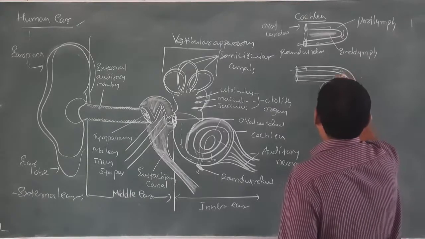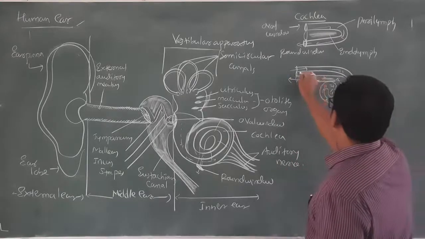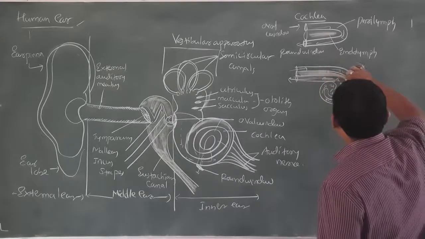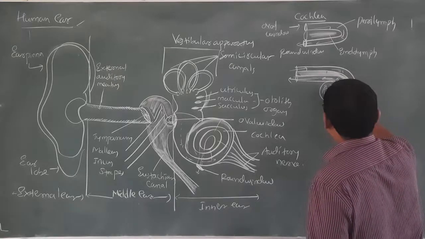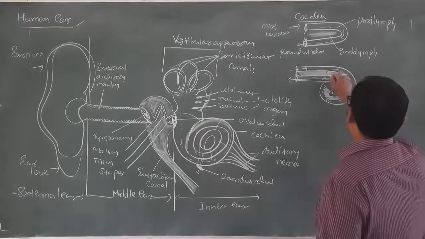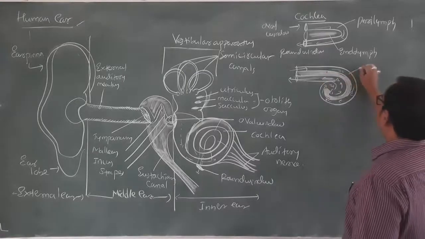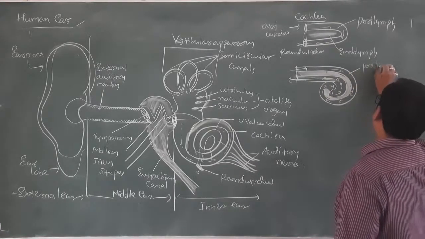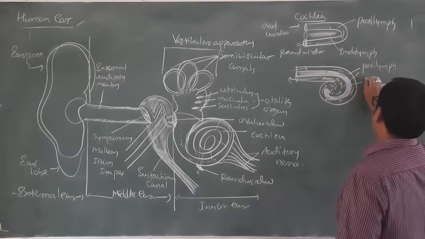I hope now you will be able to understand this. Vibrations are going out, but here what you are observing, a cochlea means like this. It will be the perilymph on both sides, and endolymph in the middle.